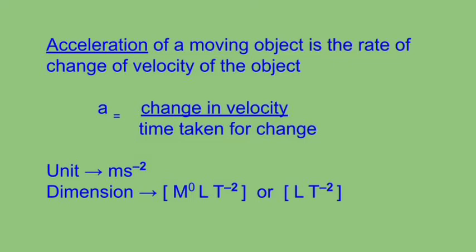Acceleration is positive when velocity is increasing and it is negative when velocity is decreasing. Negative acceleration is called retardation or deceleration. Its unit is meter per second square and dimension is M to the power 0 L T to the power minus 2, or simply L T to the power minus 2.